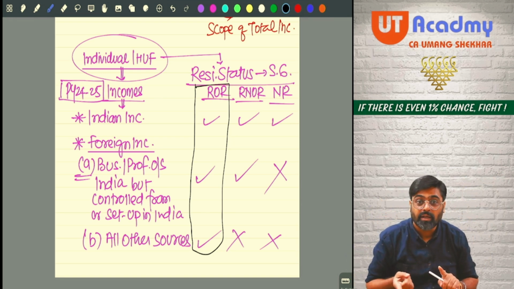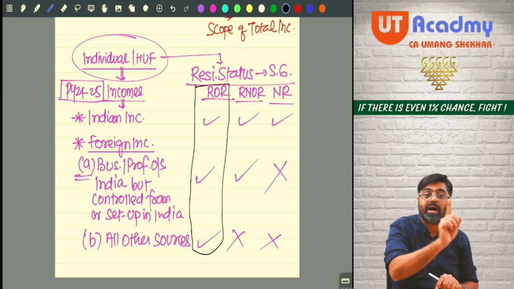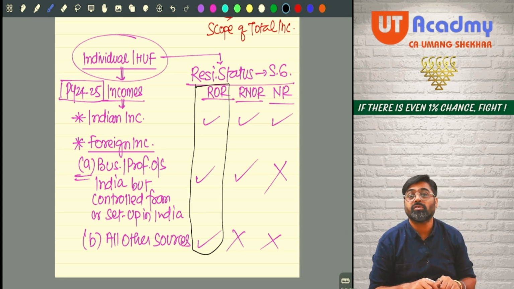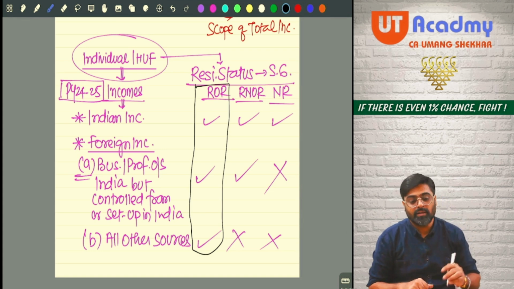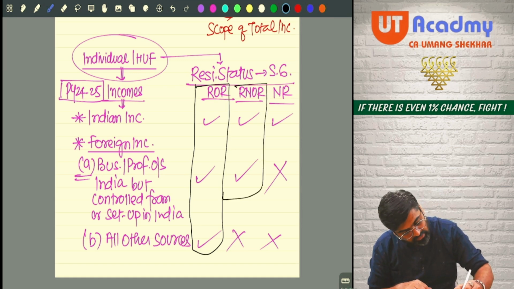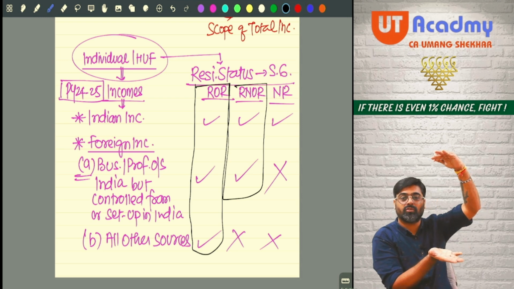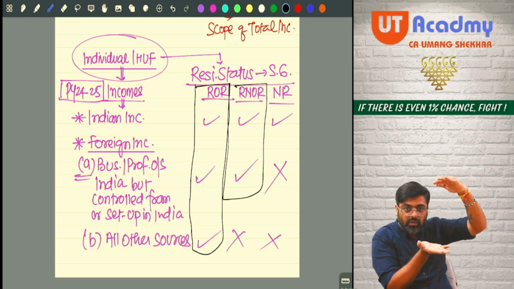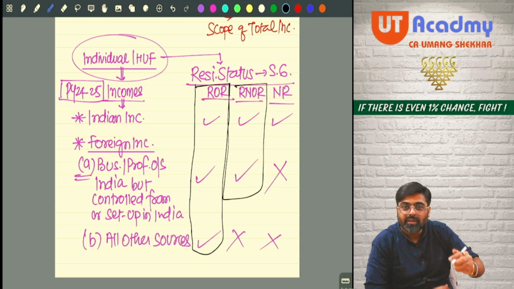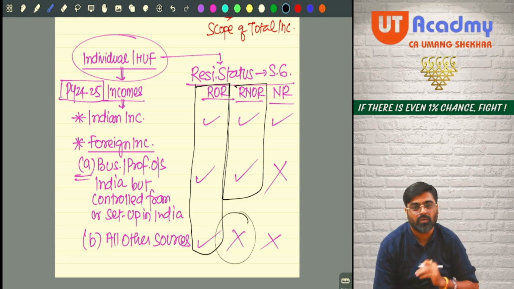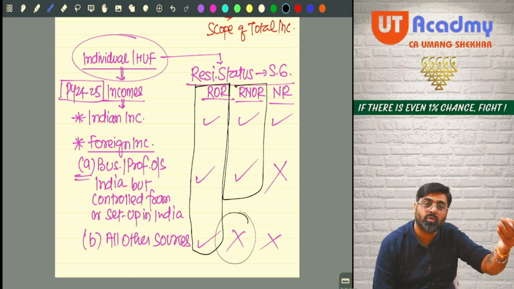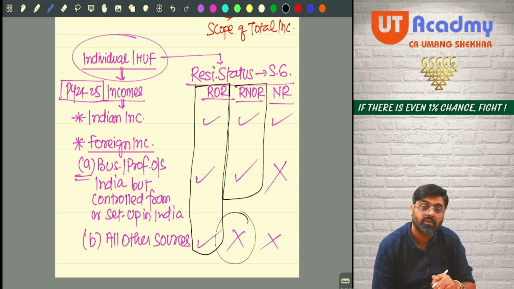Understanding? But if your status was RNOR, then please include these incomes in the computation of your total income. That means, can you see? The scope was reduced. This income you are not supposed to include. So in your total income, which incomes will you show?